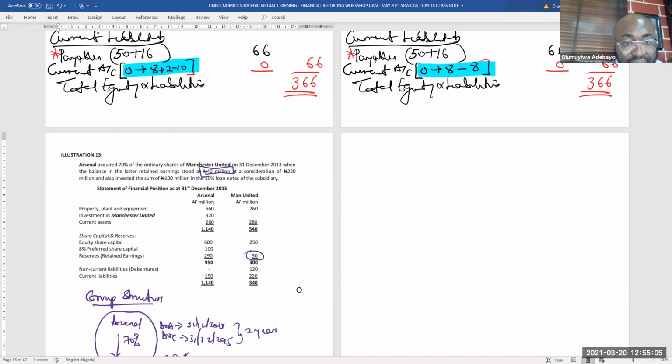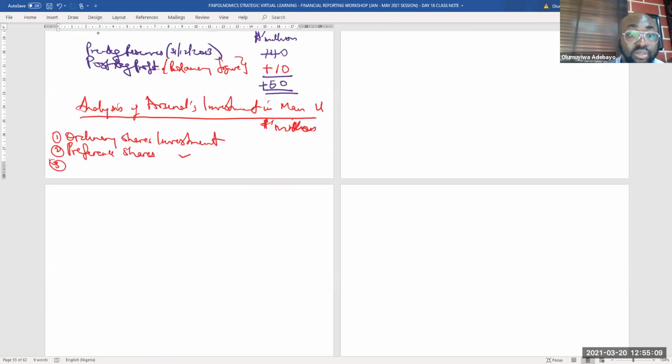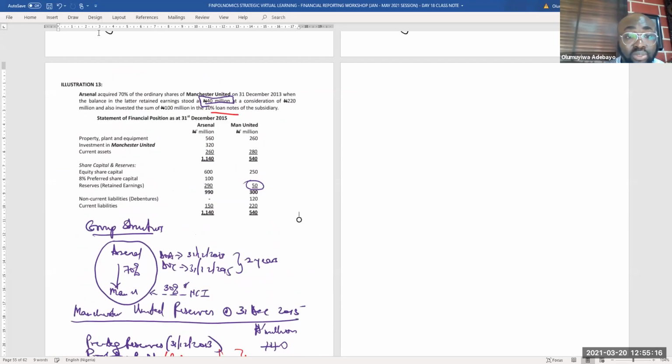Invested in the bond? Loan notes. Loan notes. Now let's start from loan notes.